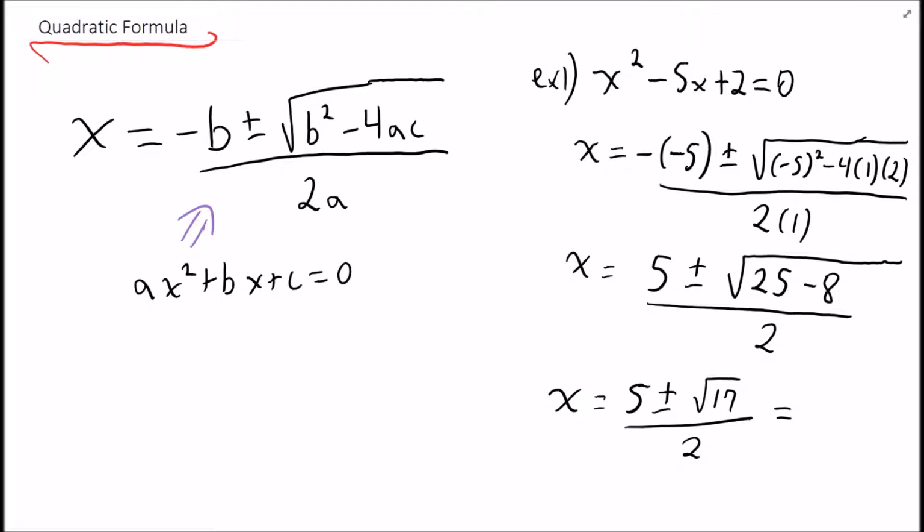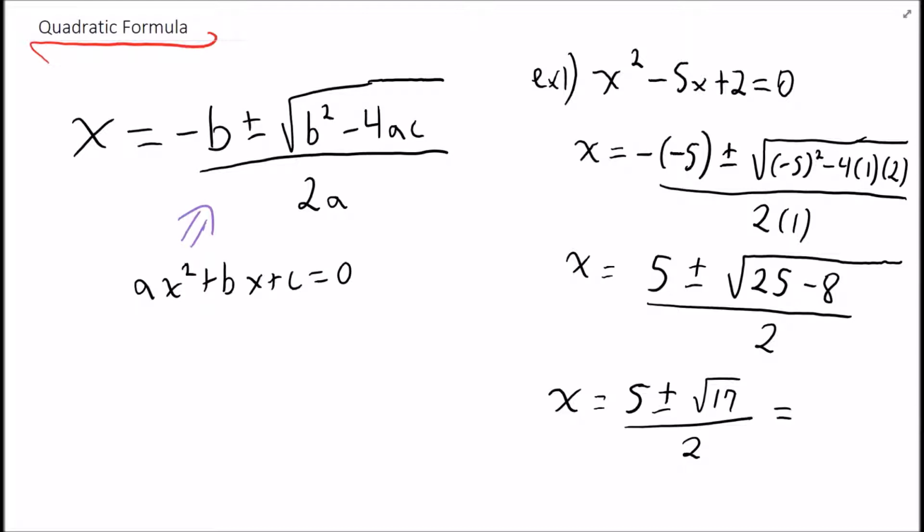If I use my graphics calculator to verify, I go into equations, polynomial degree 2, and I enter in the original 1, negative 5, and 2, and solve.